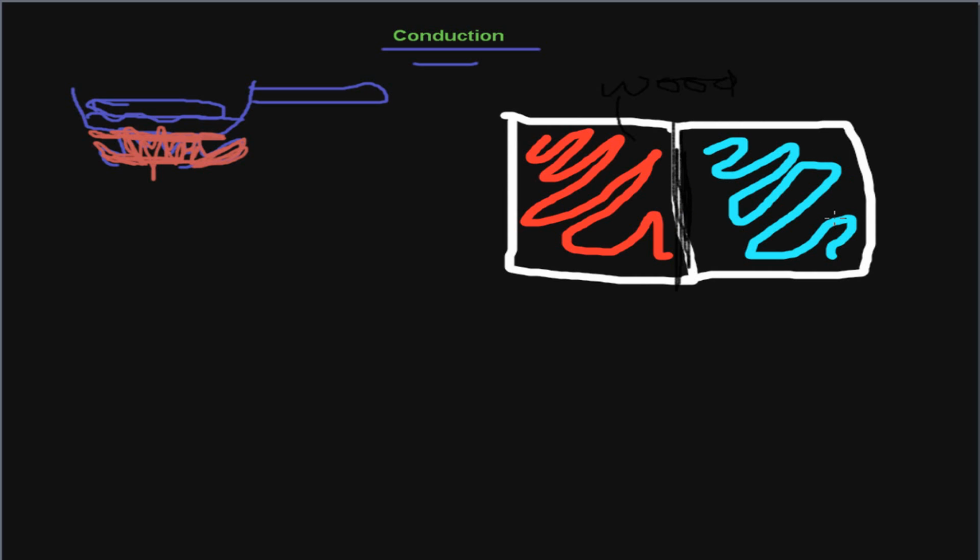Eventually the temperature of both blocks would even out to the point that they're both the same temperature. That means there's no difference in temperature, so energy won't be conducted between them anymore. That's how conduction works. You need something to conduct. Energy from the warmer object is transferred onto the cooler object.